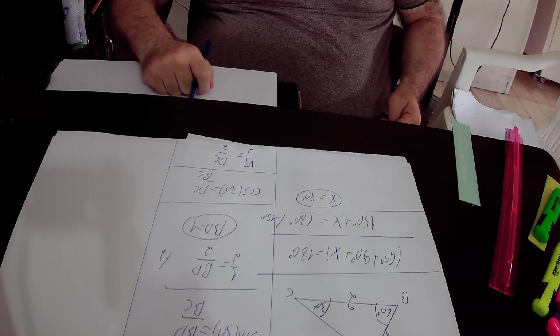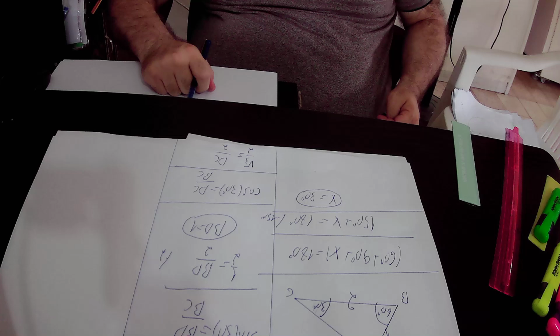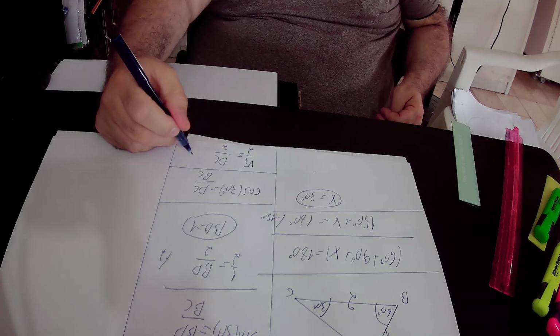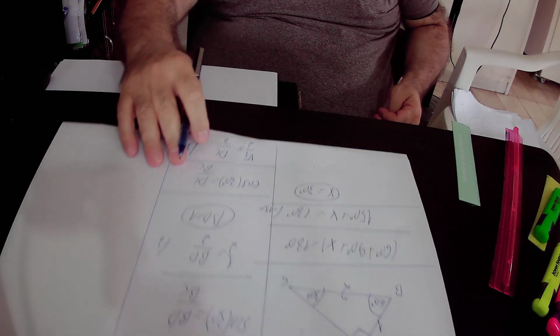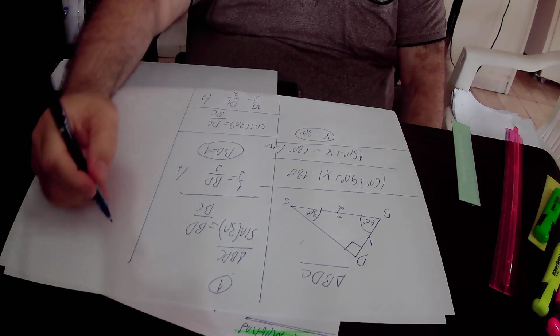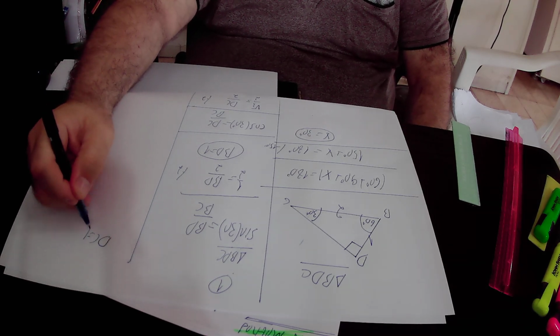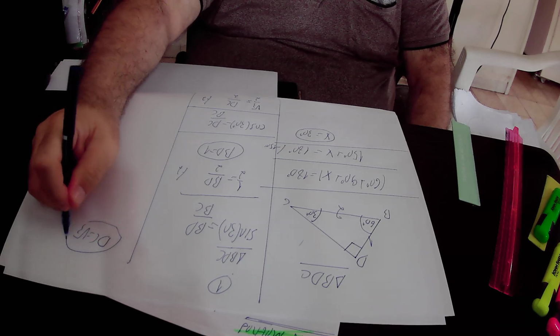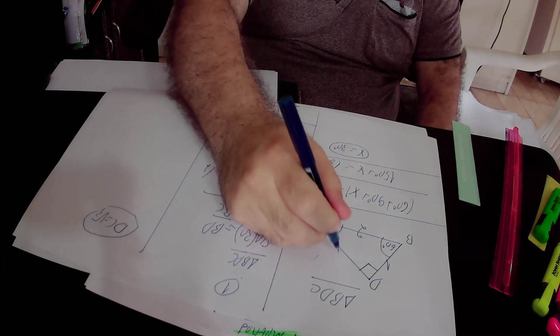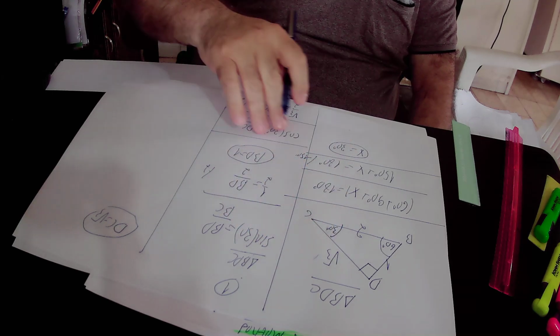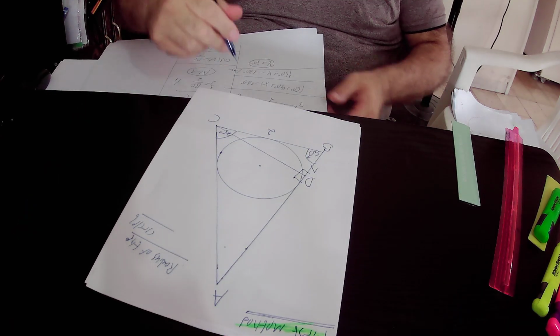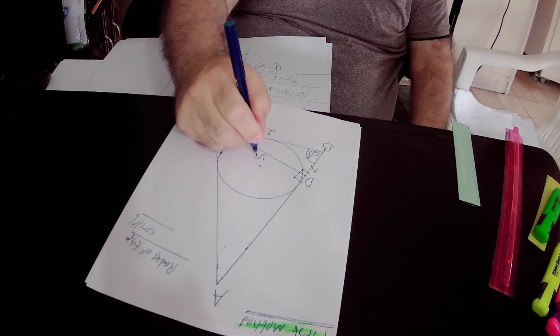So in conclusion, we found out that square root of 3 over 2 equals DC over 2. Here we'll multiply this equation by 2 and we'll get that DC equals square root of 3 units. If DC equals square root of 3 units, you can write here that DC equals square root of 3 units.